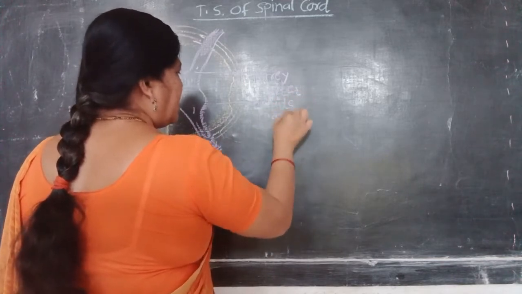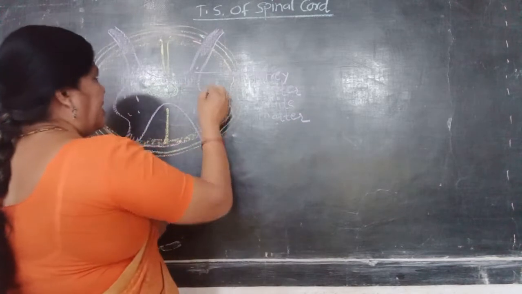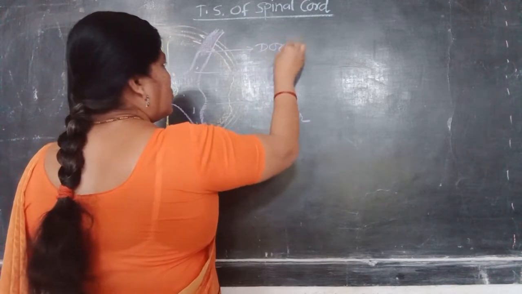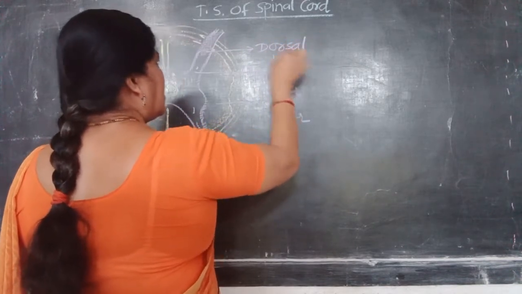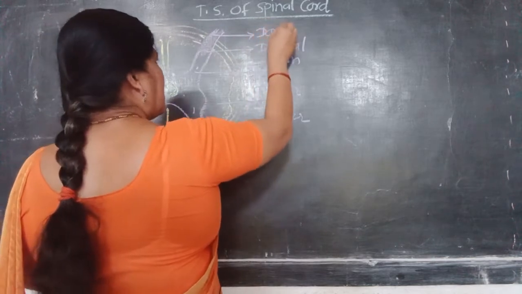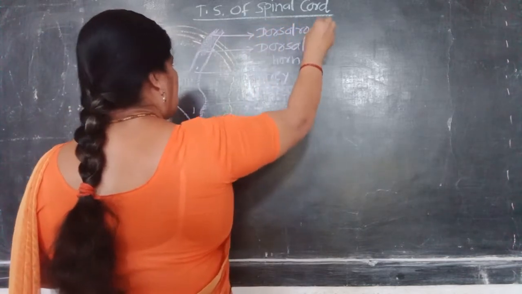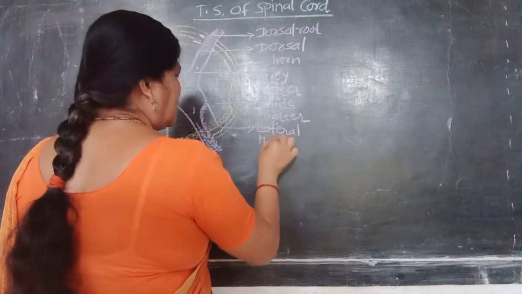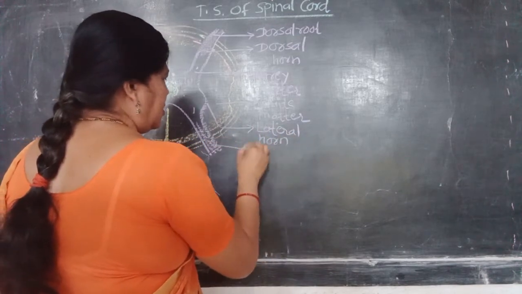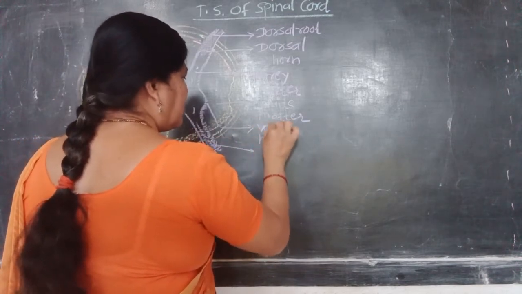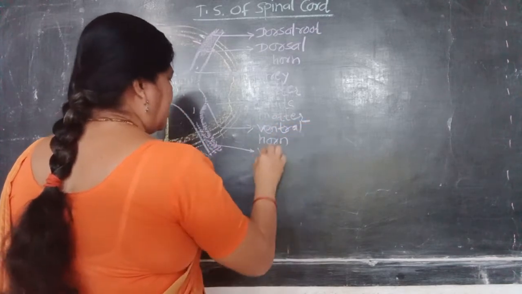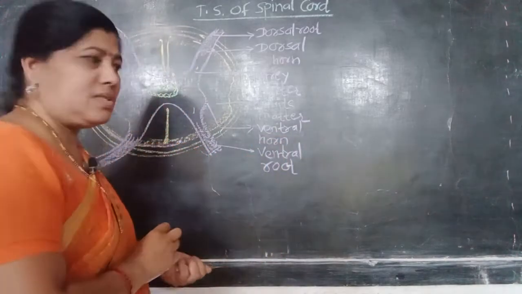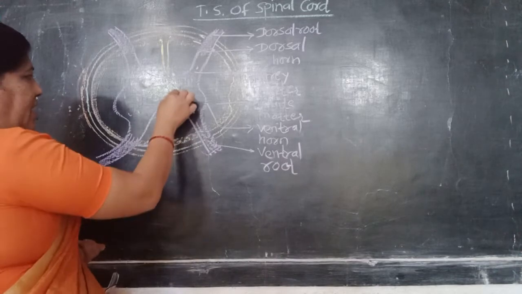This is white matter, and this is the dorsal horn, this is the dorsal root, this is the lateral horn, this is the ventral horn, this is the ventral root, and this is the central canal.